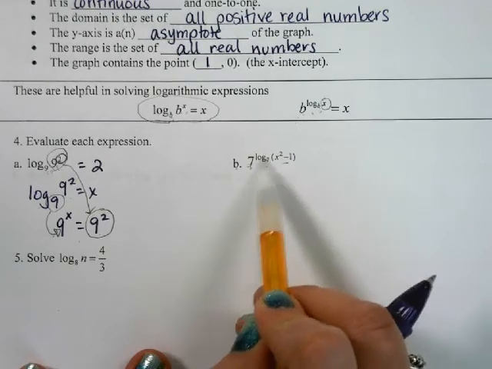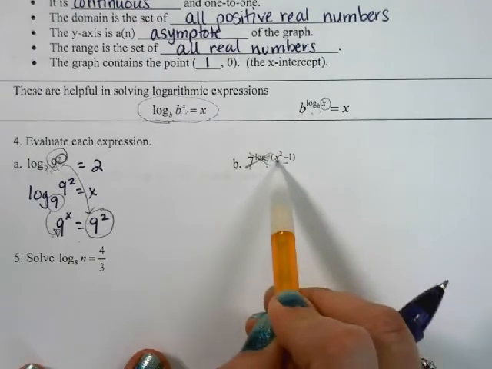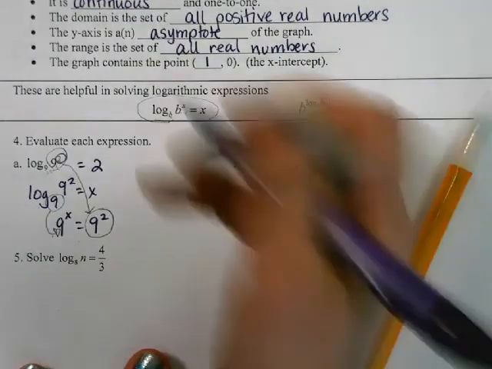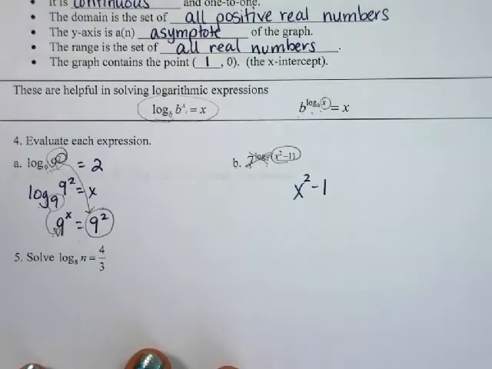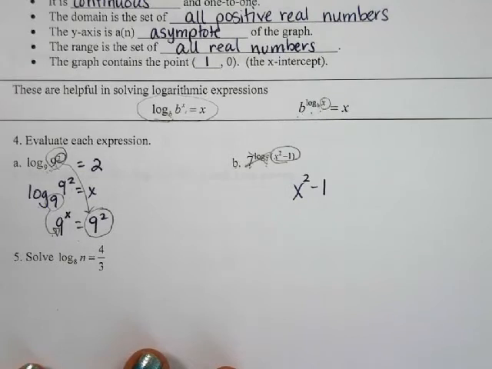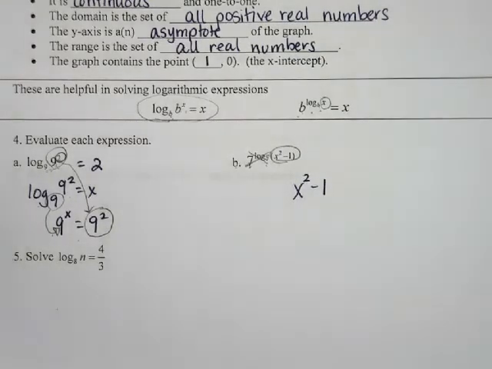Those two are the same, so it just equals x squared minus 1. You're not really solving it. We're just saying what it equals. It would be like, what's 3 squared? 9. Do you see what I'm saying? So we're not doing a whole lot of solving, even though there are variables there. It's kind of tricky.